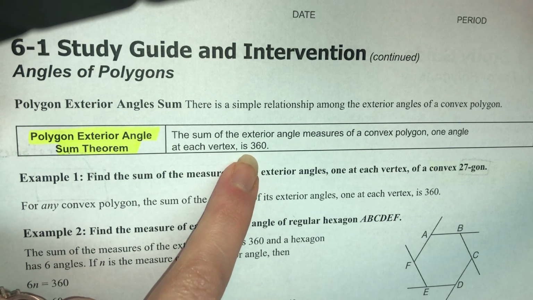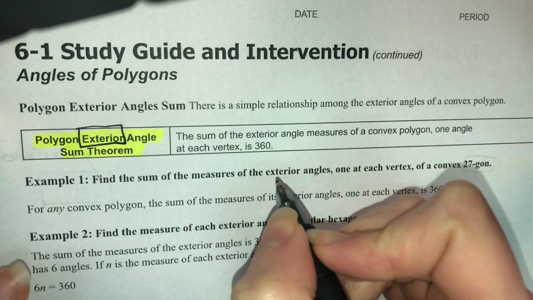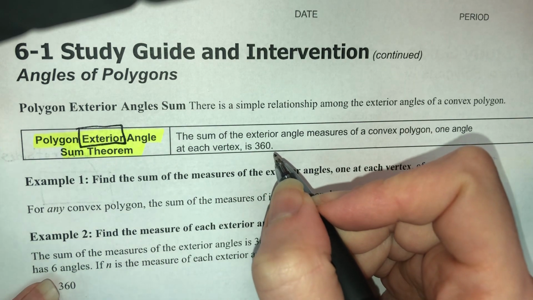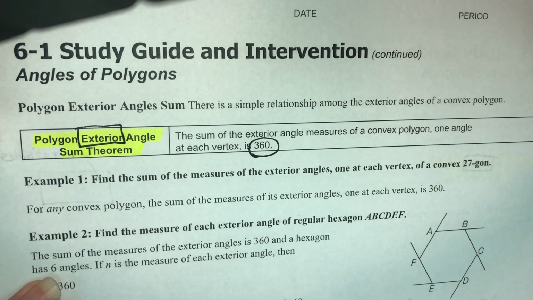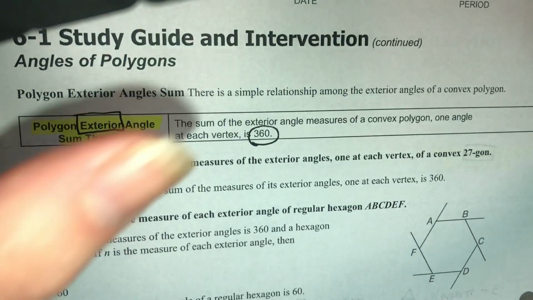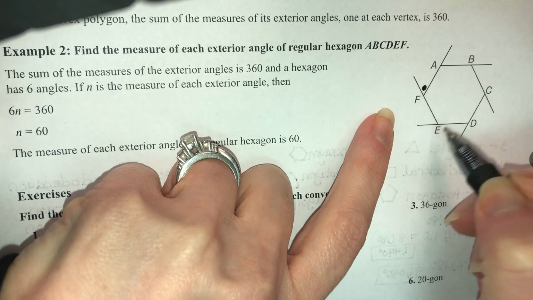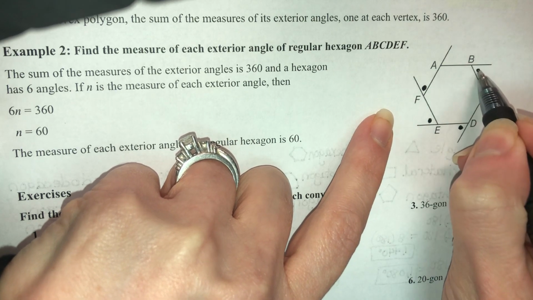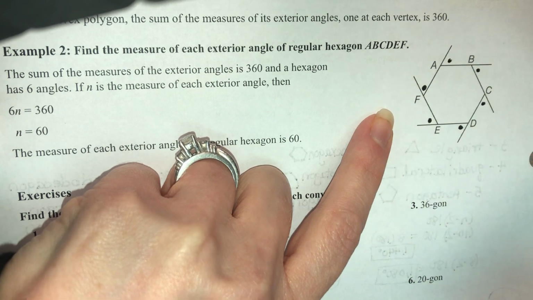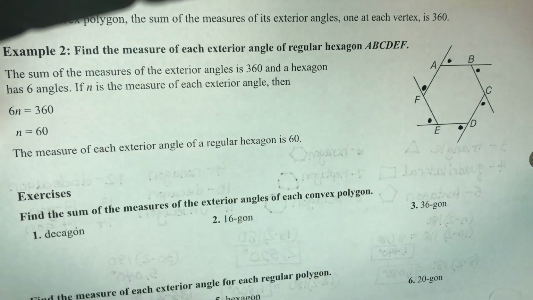Remember, exterior means outside. This one is quite a bit easier than the interior angle sum, because on the exterior angle sum, it doesn't even matter how many sides we have, they always add up to 360. So if you look at this picture, this angle plus this angle plus this angle plus this angle plus this angle plus this angle will all equal 360 added together.